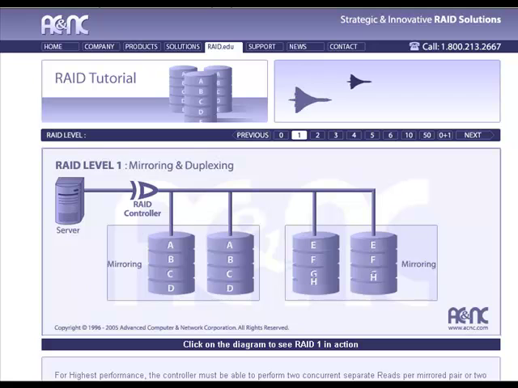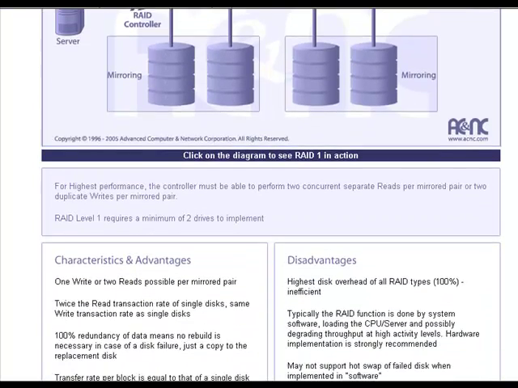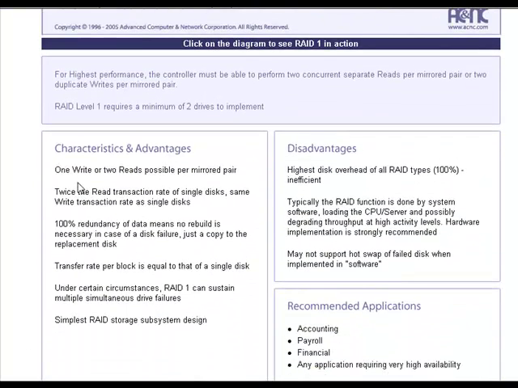It creates a mirror image or a copy of the data that we've put on one drive and copies it to the other drive. Characteristics: one write and two reads possible per mirror pair, which means that the write's probably going to be slower, the reads may be faster. Twice the read transaction rate.